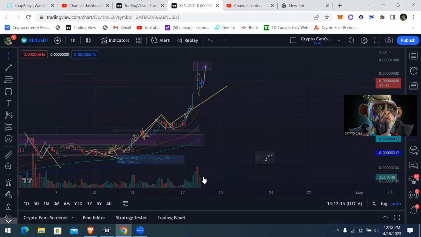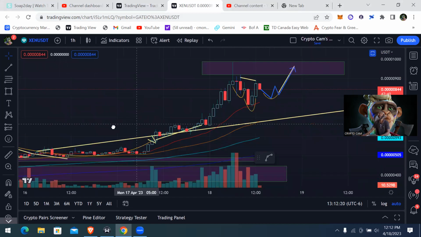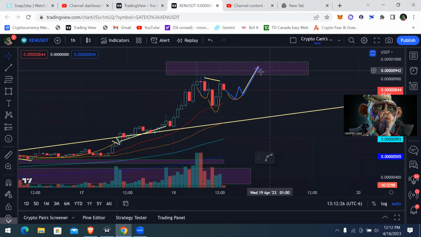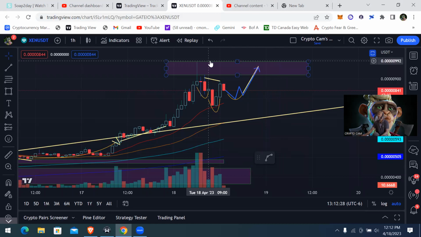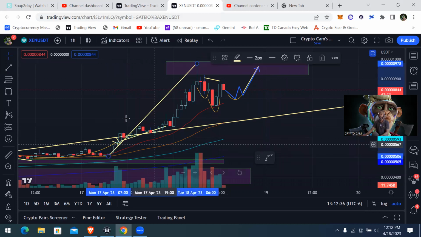Let me go to the 1 hour, see if I can paint a better picture for you guys. Yeah, so I basically would be waiting for this to test this region where it just tapped right here, almost that 0.1 mark, right?